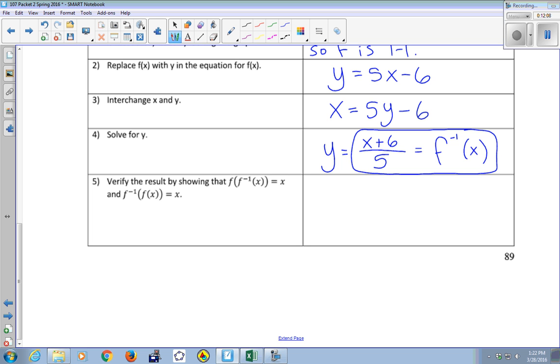Okay. So I need to compose f with f inverse: f of f inverse of x. So you work from the inside out. So this says you're going to plug f inverse into f. My formula for f is just 5x minus 6.